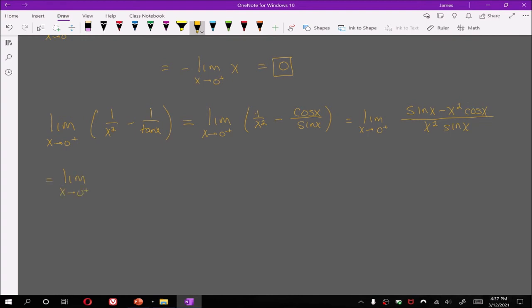This now fits the form, so L'Hopital. Cosine of x minus, become plus, x squared sine of x minus 2x cosine of x, all over x squared cosine of x plus 2x sine of x. Now if we plug in 0 from the right, this becomes 1.